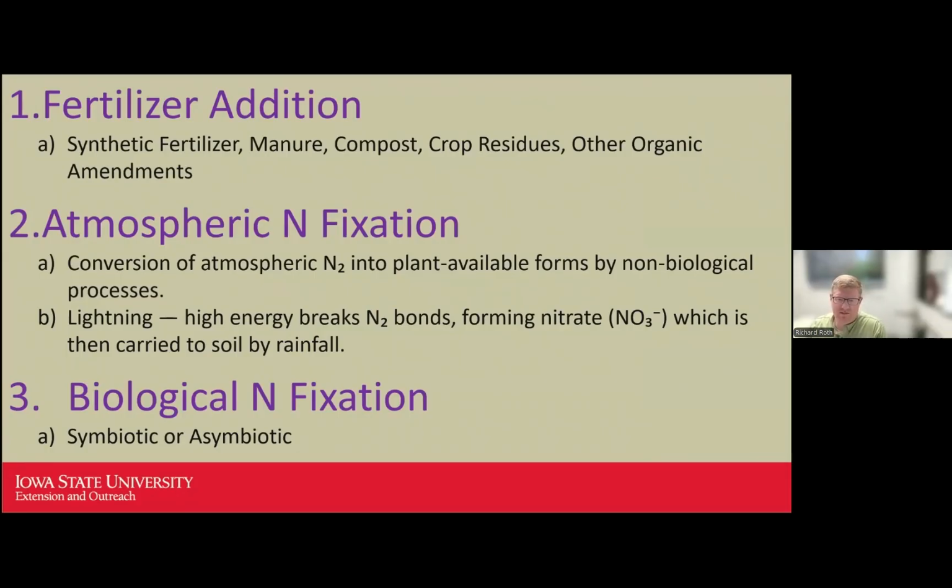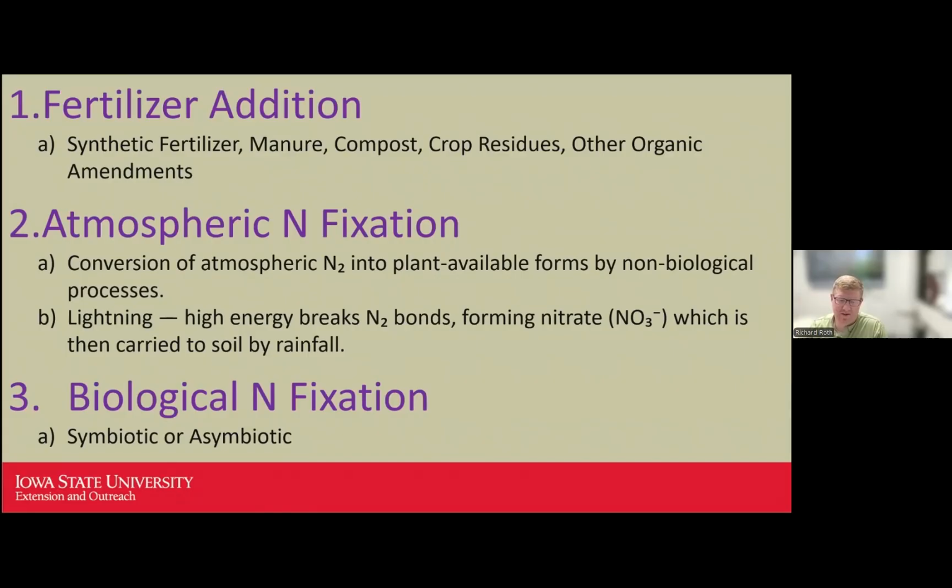We also have atmospheric nitrogen fixation. This would be the process by which lightning breaks the bonds of nitrogen in the air, and it converts it into nitrate, which is carried into the soil by rainfall. And then we also have biological nitrogen fixation.